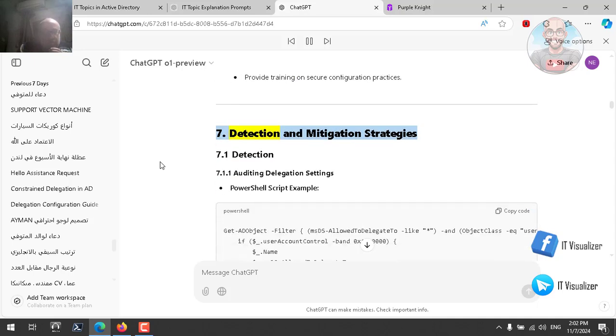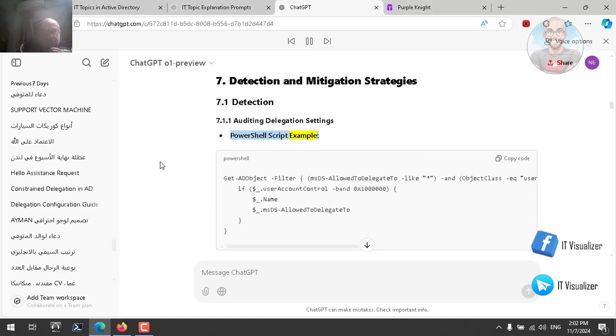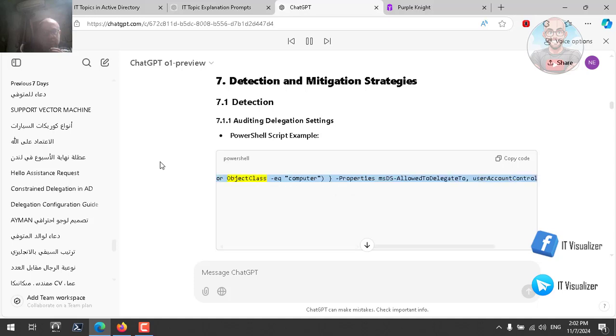7. Detection and mitigation strategies. 7.1 Detection. 7.1.1 Auditing delegation settings. PowerShell script example: Get-ADObject with a filter for msDS-AllowedToDelegateTo like asterisk, and objectClass equal to user or objectClass equal to computer. Properties: msDS-AllowedToDelegateTo, userAccountControl.